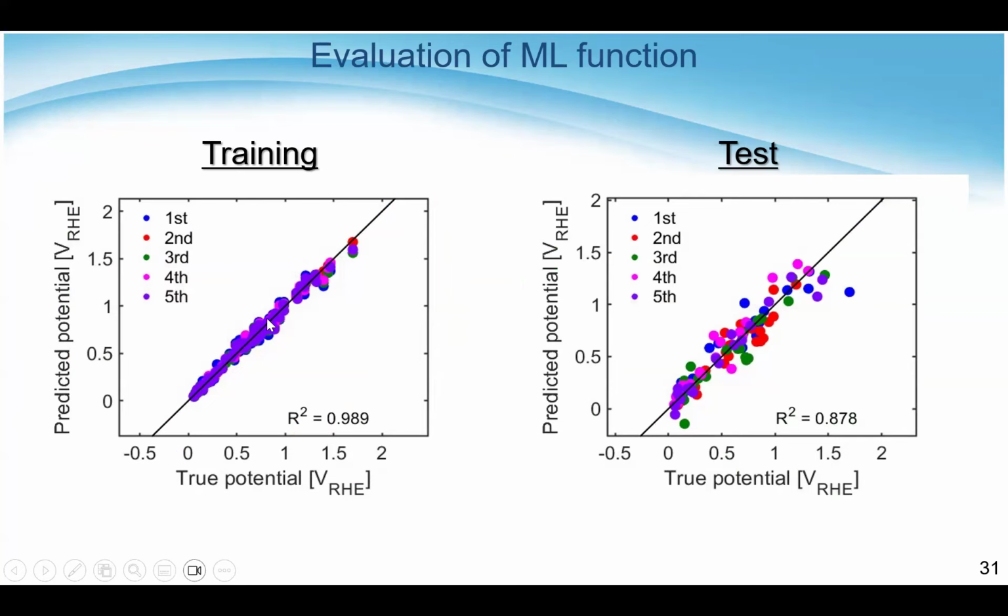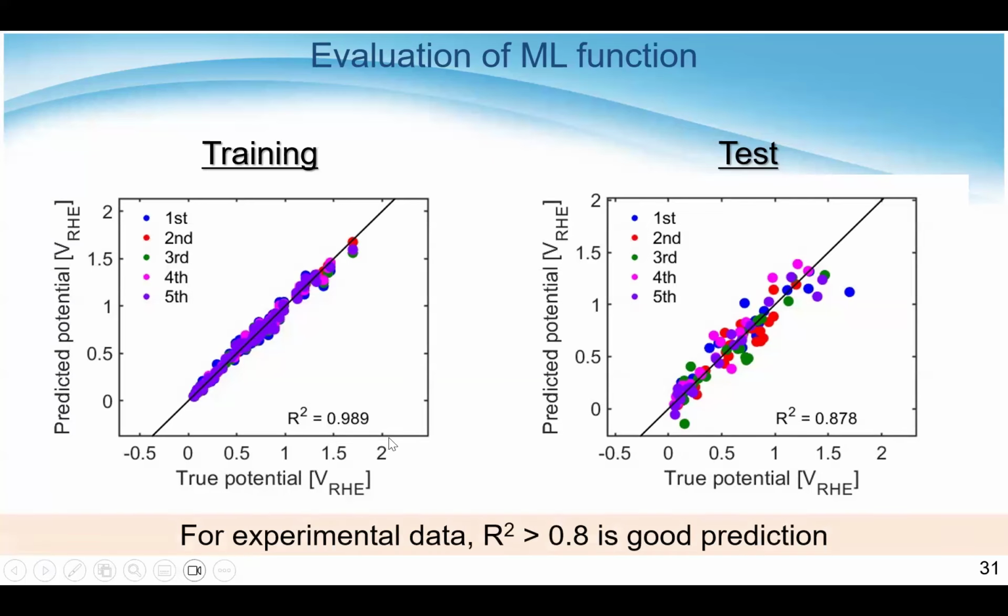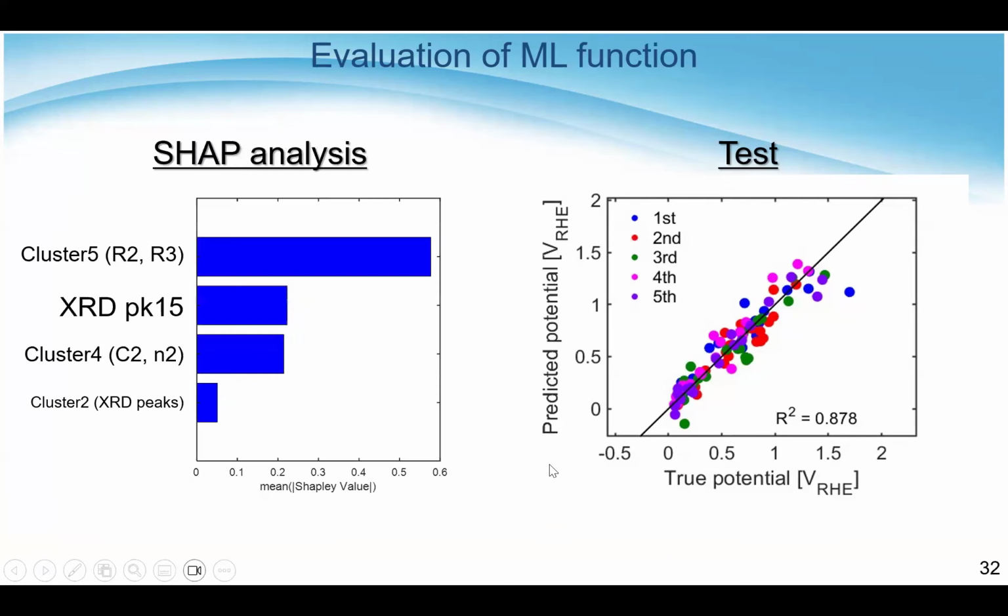Meaning when the plots are on y equals x, it gives good accuracy, and accuracy is evaluated by the R2 value. Simply, if it's closer to 1, it's better. So when you use experimental data, if the R2 is over 0.8, it's quite a good prediction, I suppose.